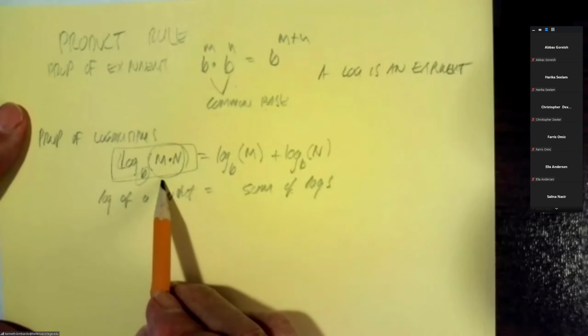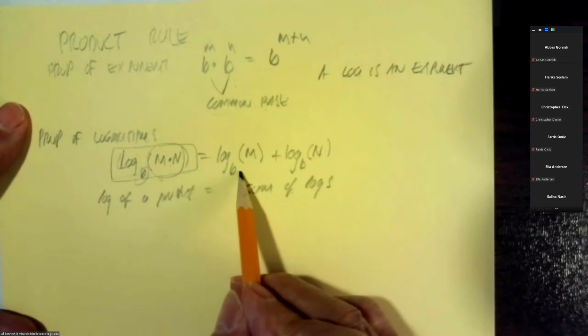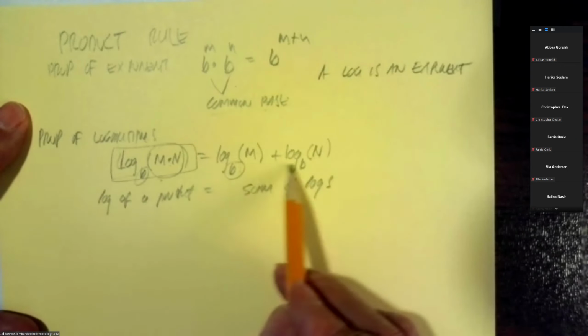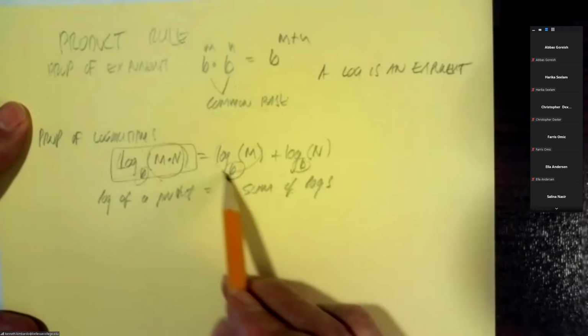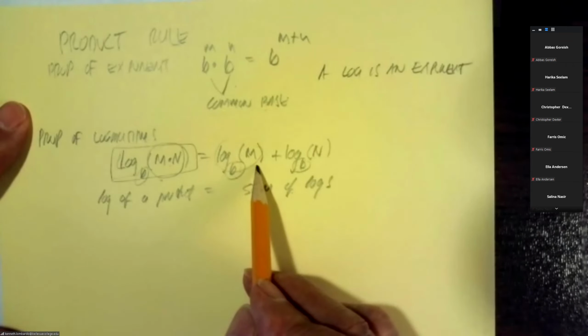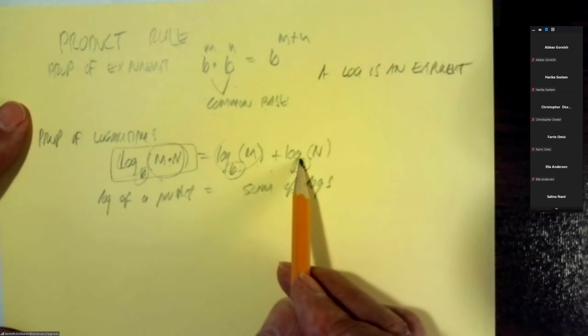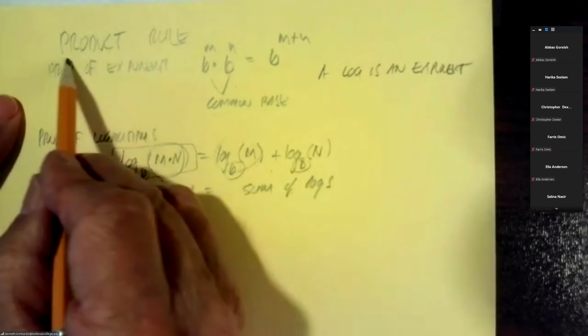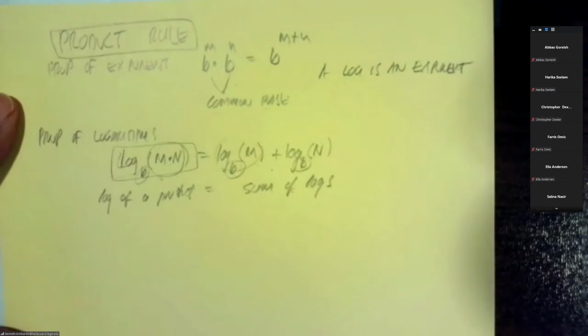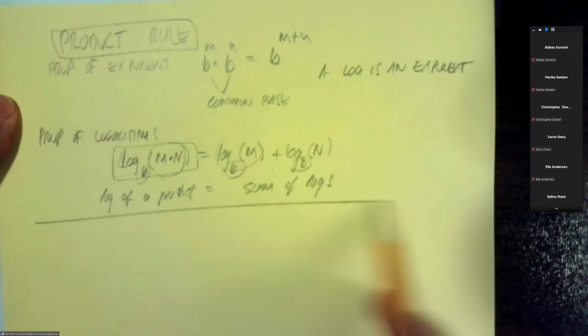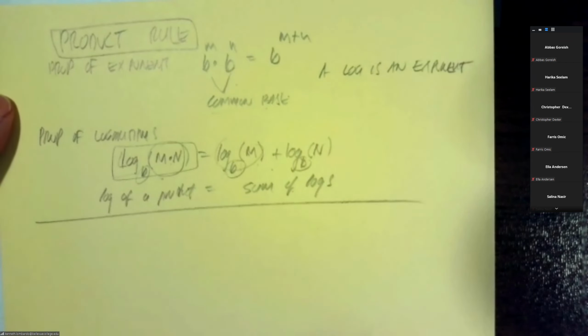Here's the product, m times n, is equal to the sum of the logs, and we're at the same base. So log base b of m, log base b of n. Okay, and that's called the product rule. And we're going to use that in some specific examples. And I'm going to just list the rules first, and then we'll take you through some examples.